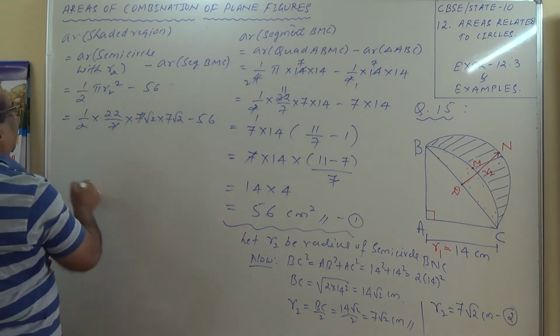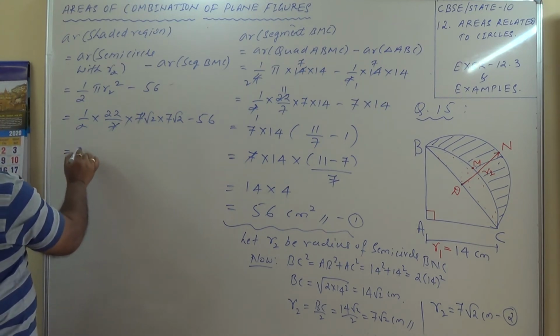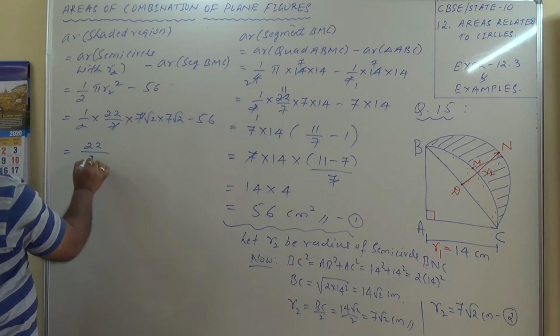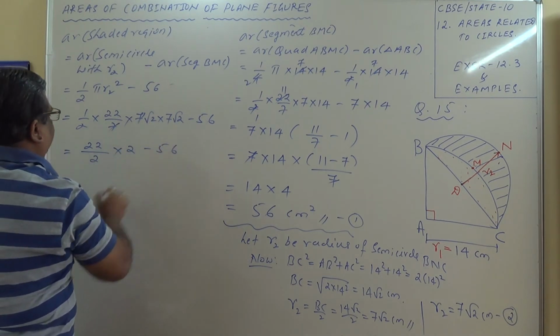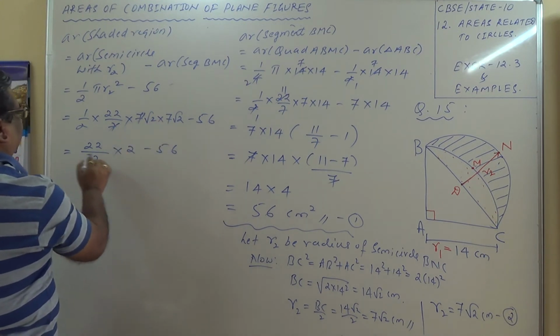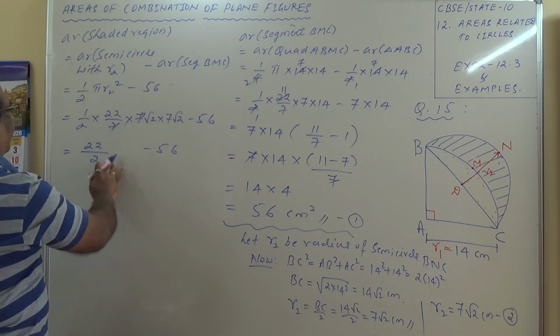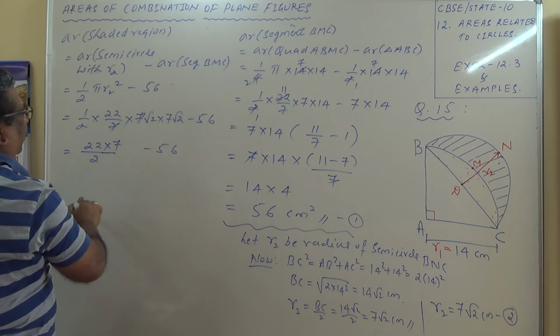This 7 cancels, and root 2 into root 2, 22 by 2 into root 2 into root 2 is 2, minus 56. 7 is there. 22 by 2 into 7. Just a moment.